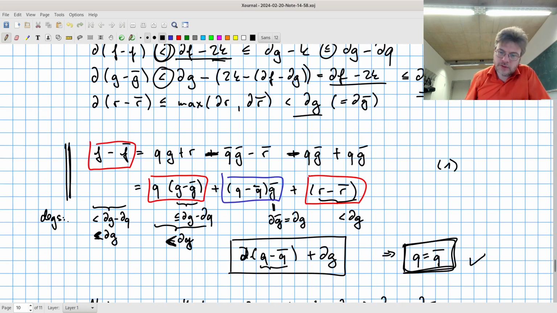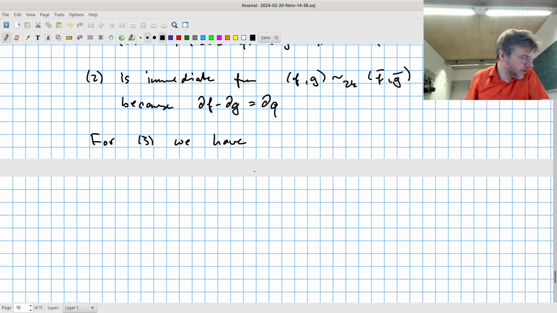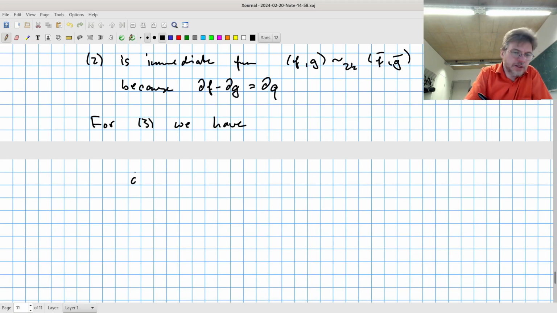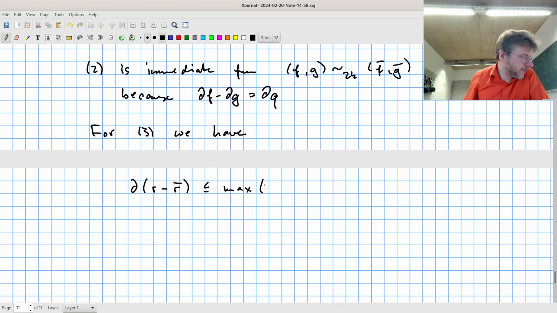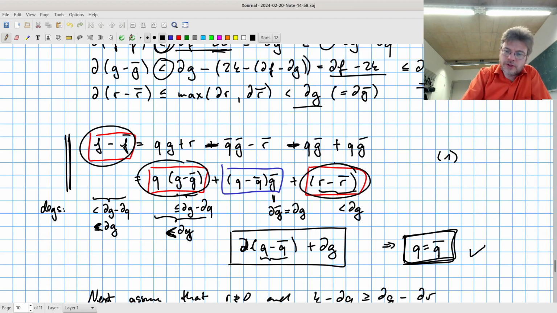So what can we say about the degree difference of r now that we know that the blue part is 0? So we know that the degree of r minus r bar, the difference of them, is bounded by the maximum of this one and this one, because this one is the difference of this one minus this one. So let's see how much this is.